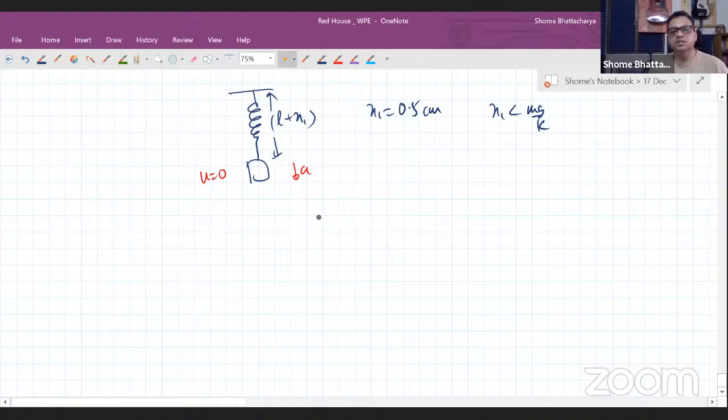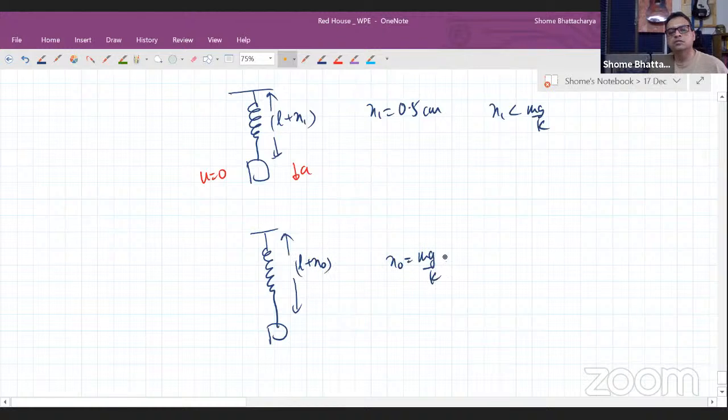Now from this till it goes to a state where this becomes L plus x naught, where you'll remember x naught was 2.5 centimeters. Okay, till it goes from this state to this state, what is happening? The speed is increasing.